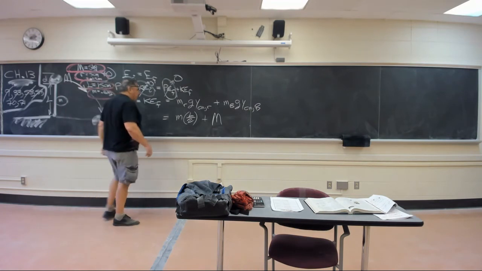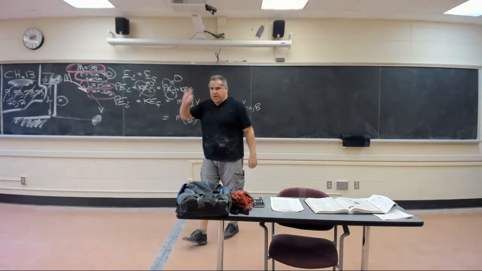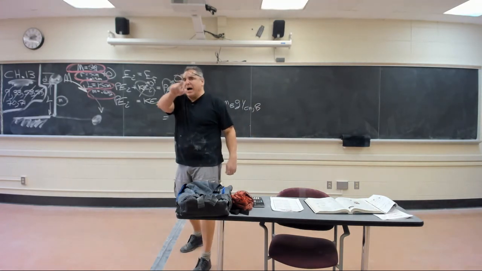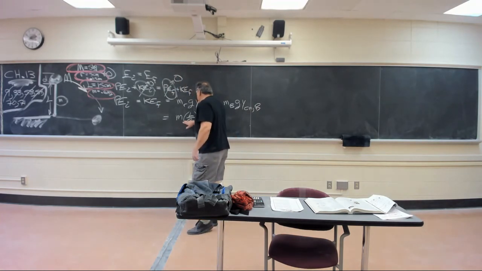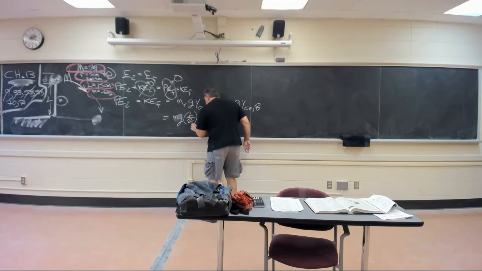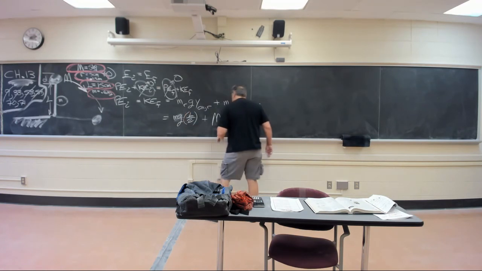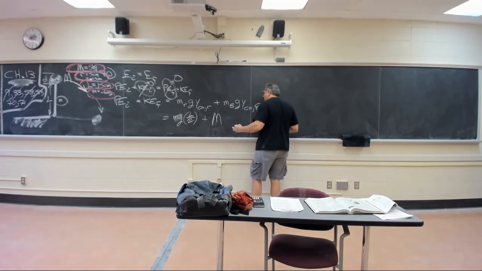All right, what's going on here? L over 2 is the location of the center of mass of the rod. M times G times half the length of the rod is the height of the center of mass of the rod. Where's the ball located?